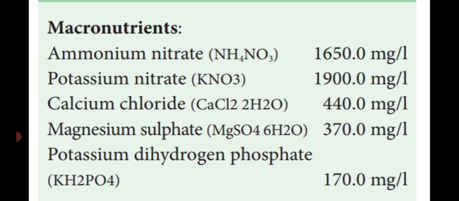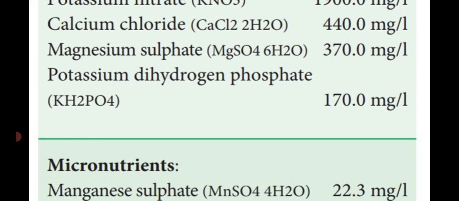Their quantity is also given here: 1650 milligram per liter, 1900, 440, 370, and potassium dihydrogen phosphate is 170 milligram. These are all the macronutrients present in the Murashige and Skoog medium.